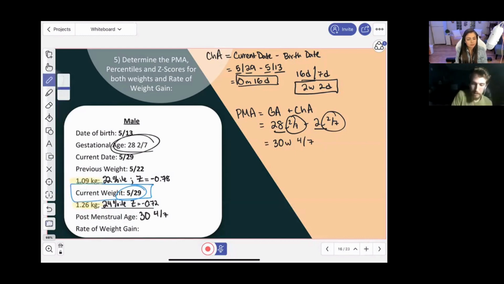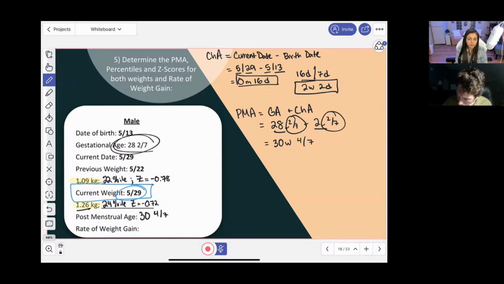I find it easier to do it in grams first. But remember that since this infant is still preterm, the normative data is in grams per kilogram per day. So we're just going to do grams for the calculations, then convert it to match the normative data.